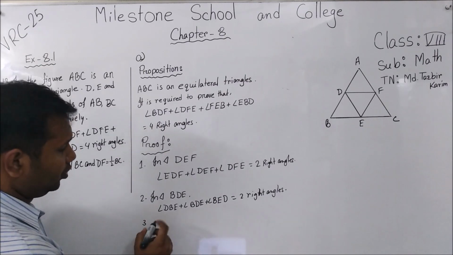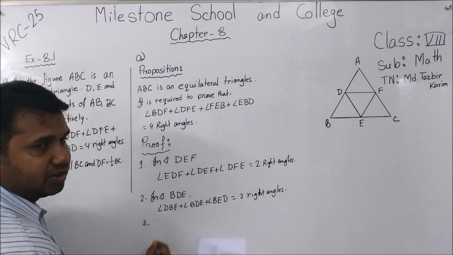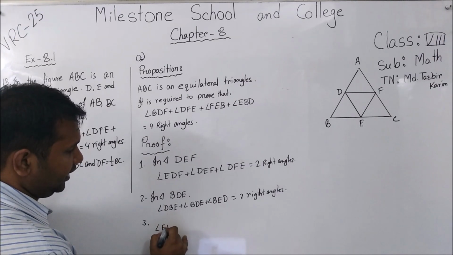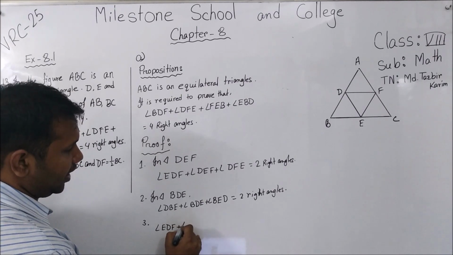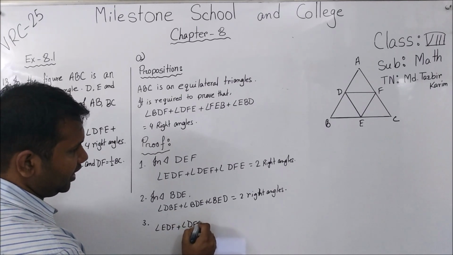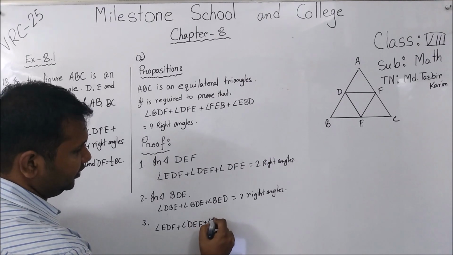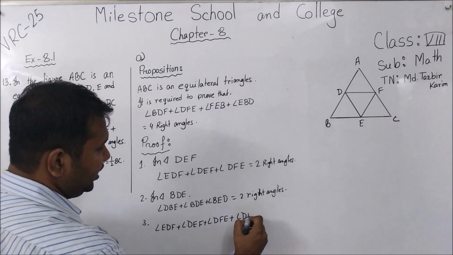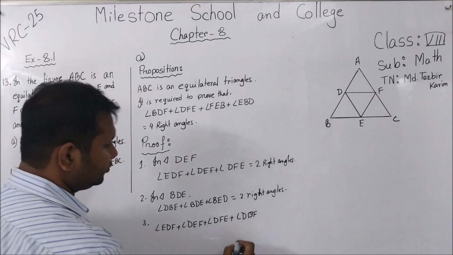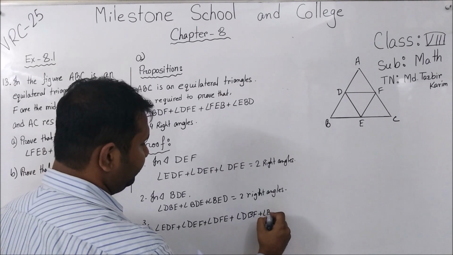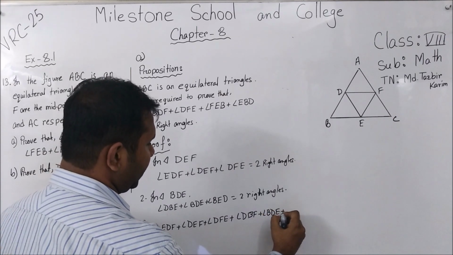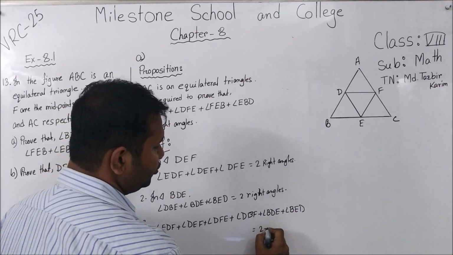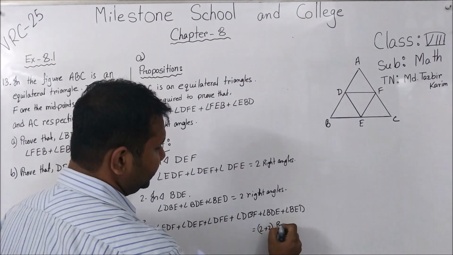So by these we can tell, if we add two steps, we get angle EDF plus angle DEF plus angle DFE plus angle DBF plus angle BDE plus angle BED, that equal to 2 plus 2 right angles.